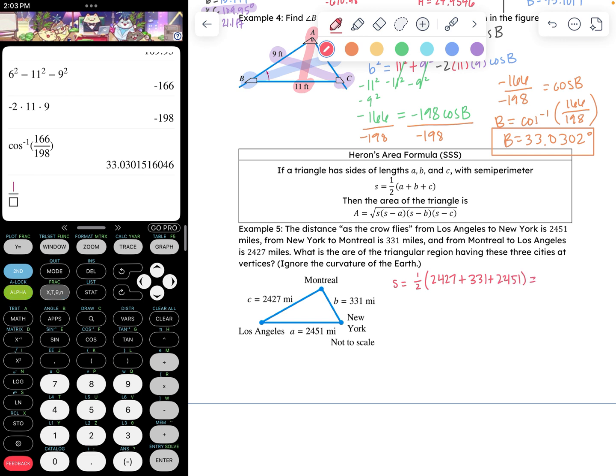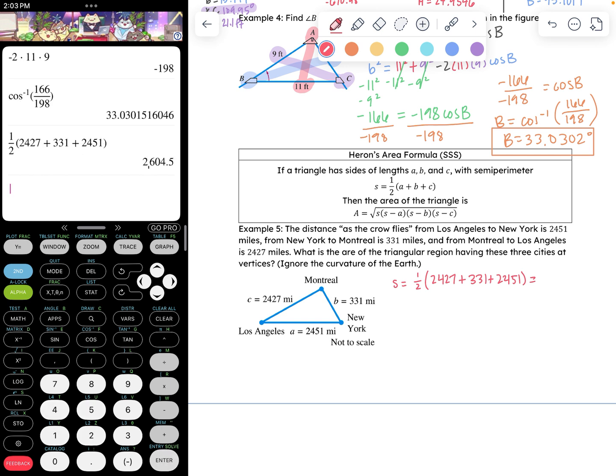I can plug that into my calculator. So 2,427 plus 331, plus 2451, and that gets me 2604.5. And then I'm going to plug them into that area formula.